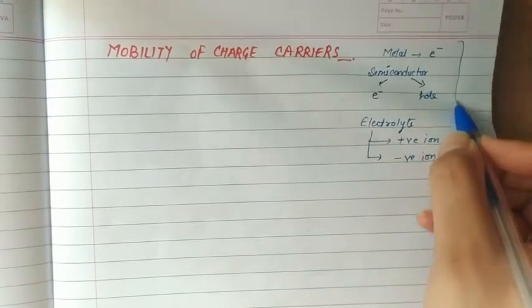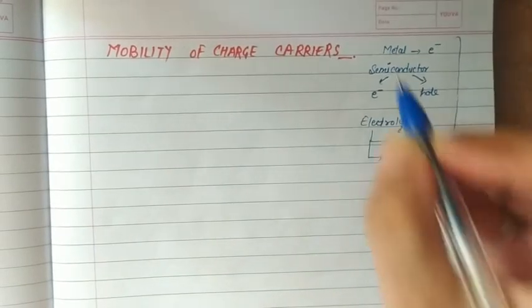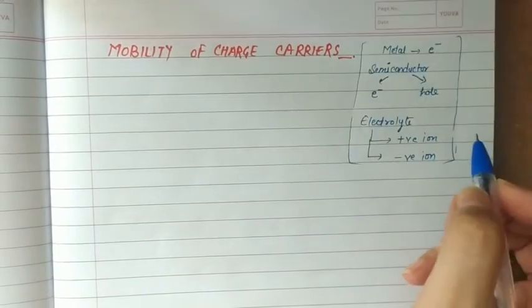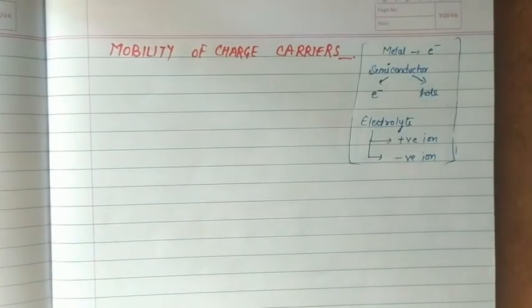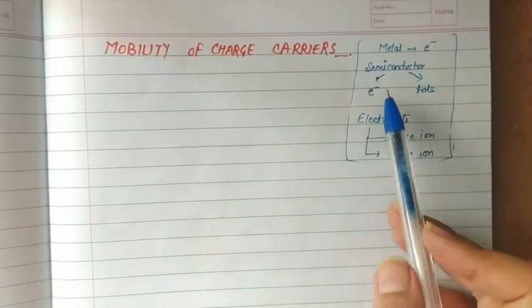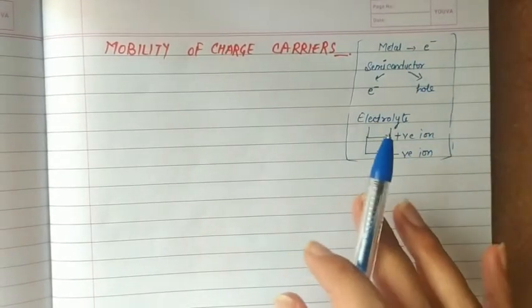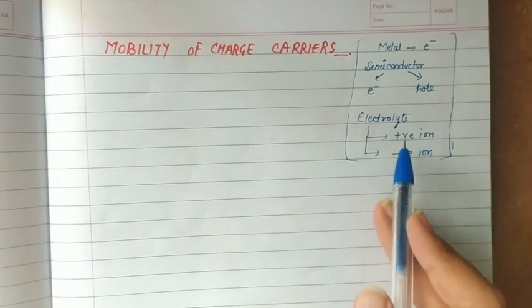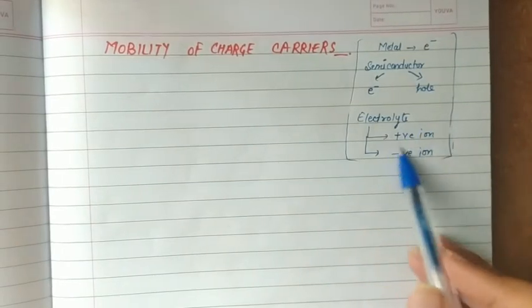So for different materials we have different charge carriers, but at the end the conductivity of the material is because of the motion of these charge carriers. So now we are going to study about their motion, meaning their mobility.